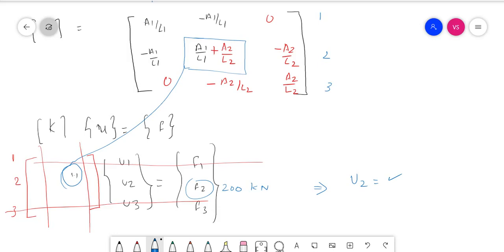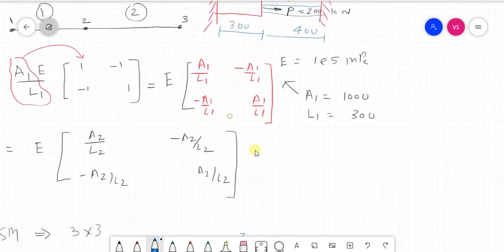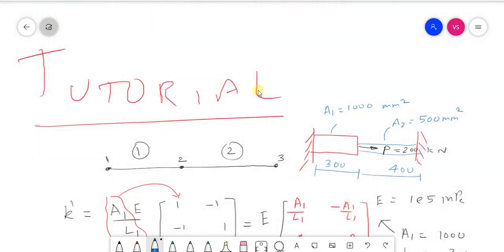But again, there's a difference between the last case and this case. In the last case, all were tensile stresses because the bar was supported at one end and the other end was free to move. If you remember the last problem, we had 10 megapascal, all positive, meaning they are tensile.